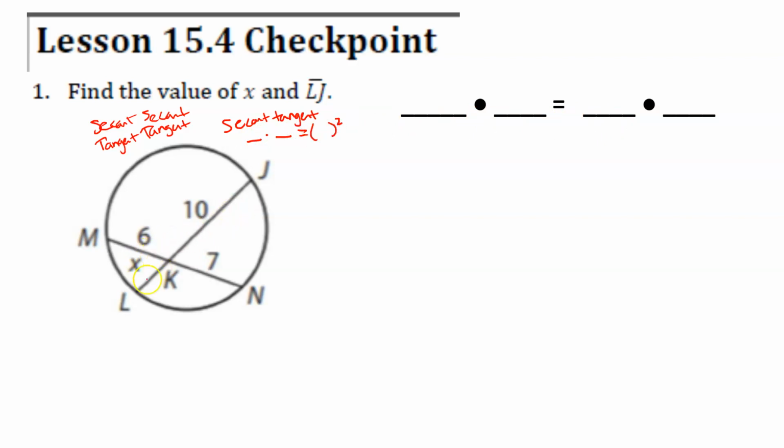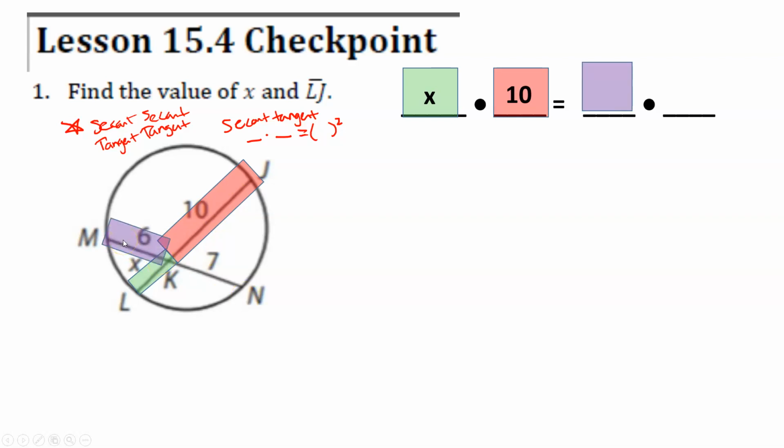As I'm looking at this, I have secants. Yay. So that means I'm going to be multiplying that part, which is x, times this part, which is 10, equals the product of the other secant, in this case 6, times 7.